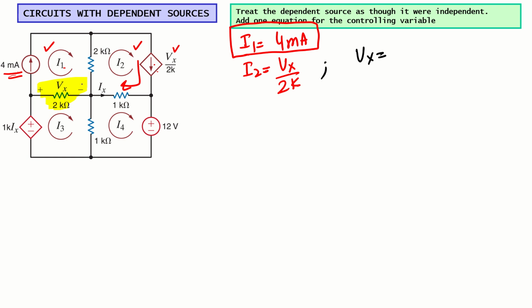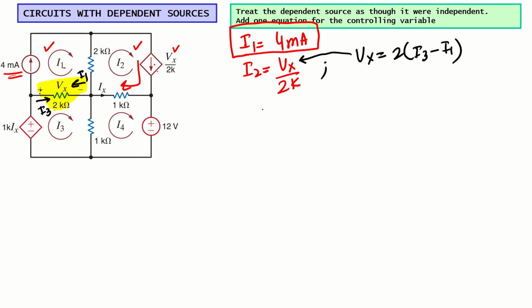One is I1, coming from this side, and one is I3, coming from this side. Polarity plus is here. So I can write this as 2 times I3 minus I1. Why I3 first? Because positive is here and the current I3 is flowing this way. So this is the equation for this dependent variable.